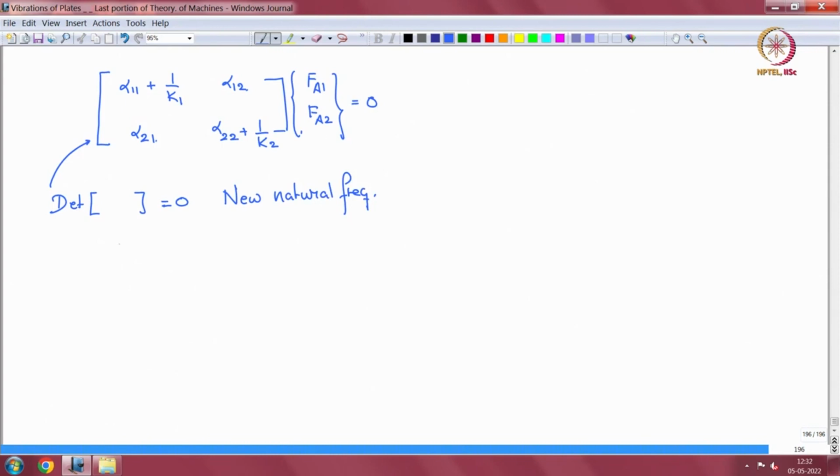And also let us say you have this plate over here, and suppose along some line I have arranged a bunch of springs, not just two, even more, let us say.